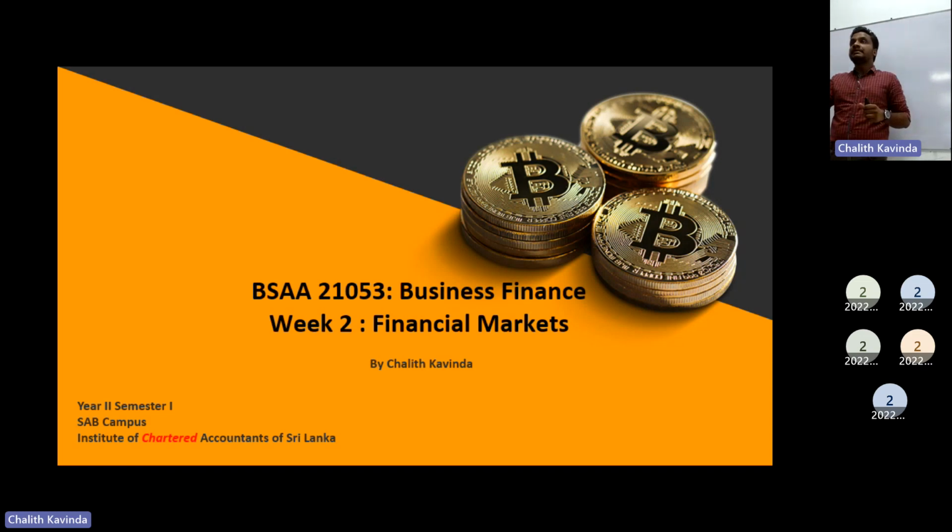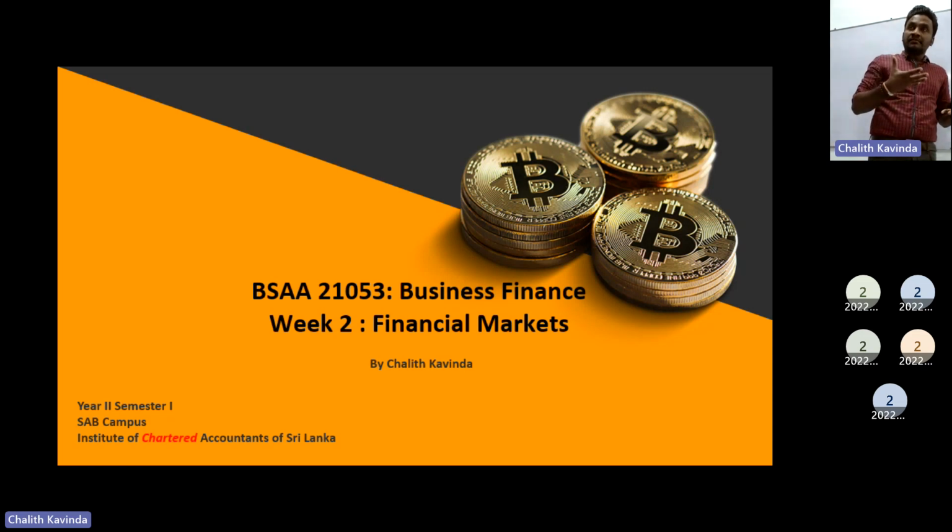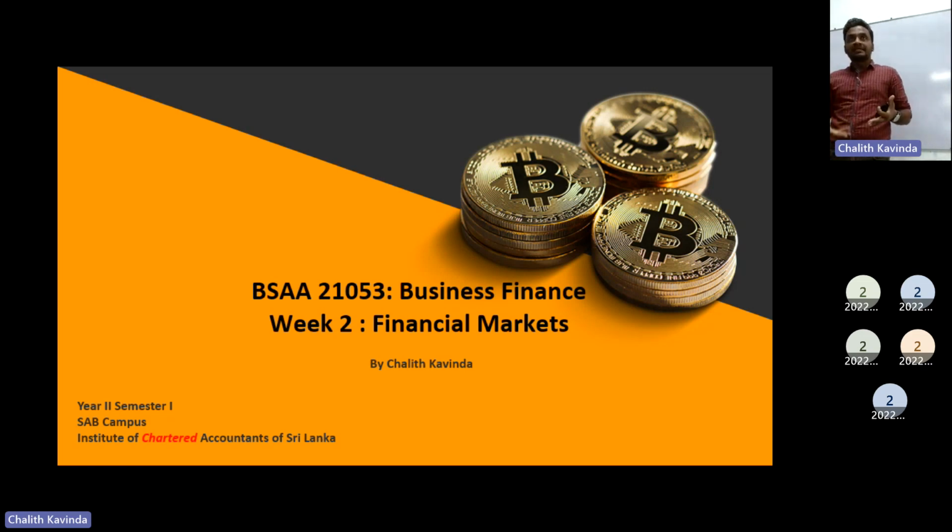For them to implement their decisions in a smooth and proper way, there must be a proper platform available. It may consist of financial instruments, financial infrastructure, central bank, banks and other regulatory bodies, financial markets. This entire collection together, we call the financial system.